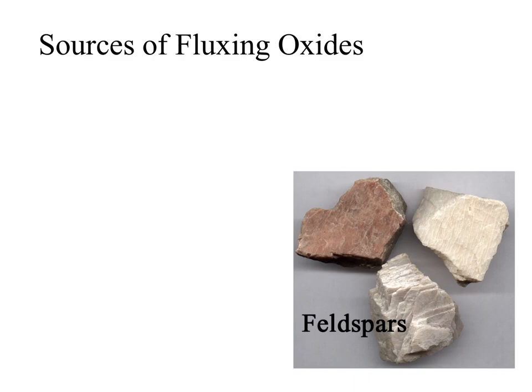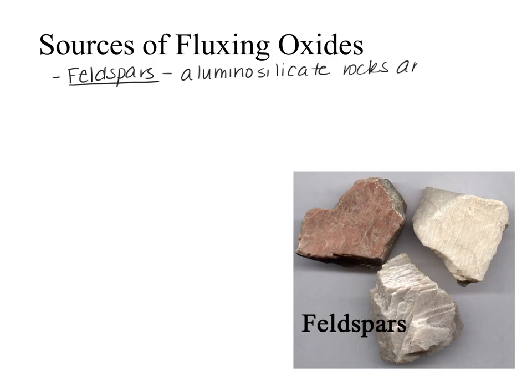Well, the sources of fluxing oxides are aluminosilicate rocks and minerals that are called feldspars. And so they're those sources of the fluxing oxides.